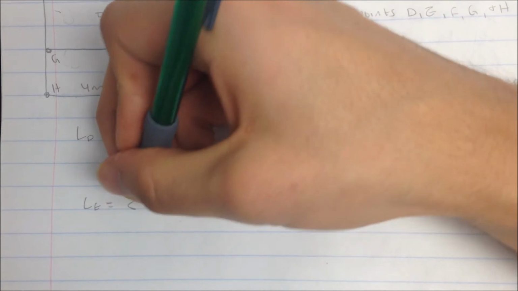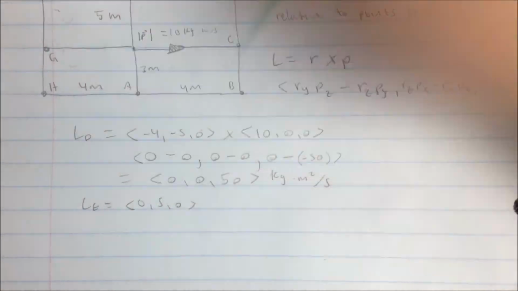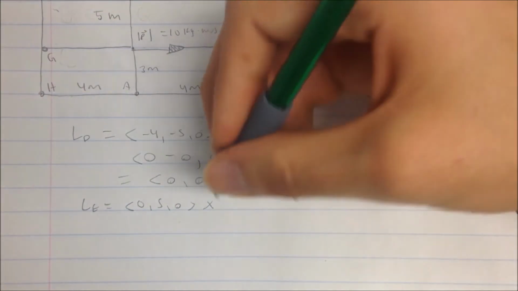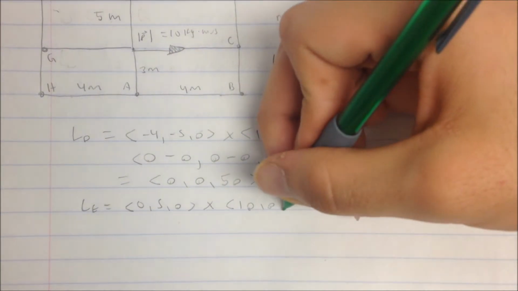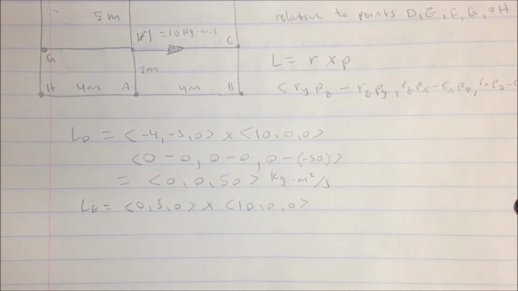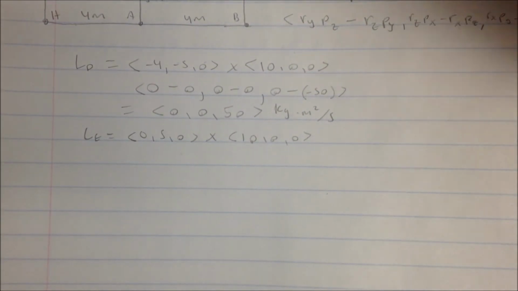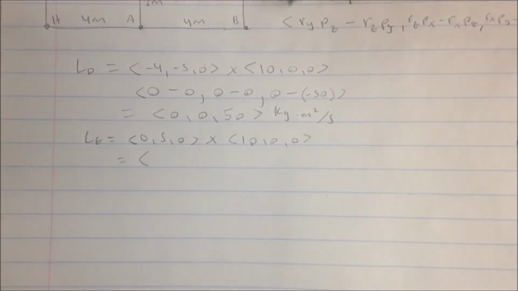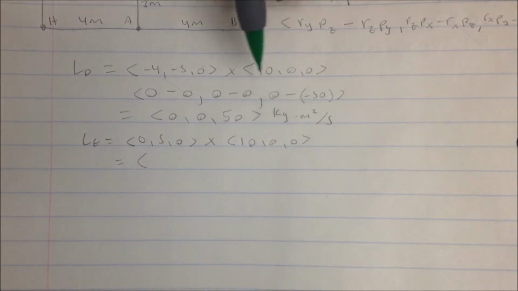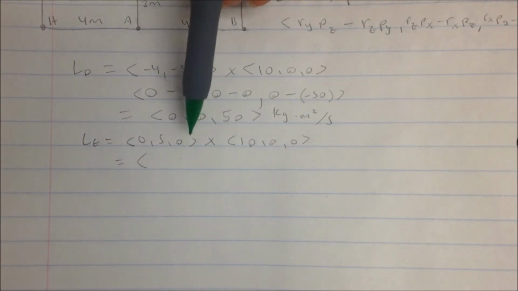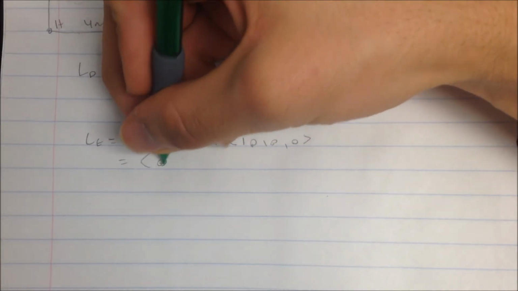So R equals 0, 5, 0, cross product 10, 0, 0. Using the same formula for the cross product, we get Ry times Pz, which is 0, minus Rz, which is 0, so 0 in the x component.